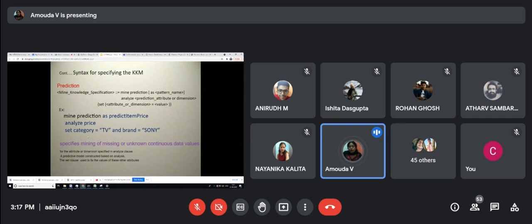That's what this syntax is, how to write the syntax for prediction of two items set, TV and Sony, in terms of price. This particular prediction is always useful only for mining the missing or the unknown continuous value from the past history.